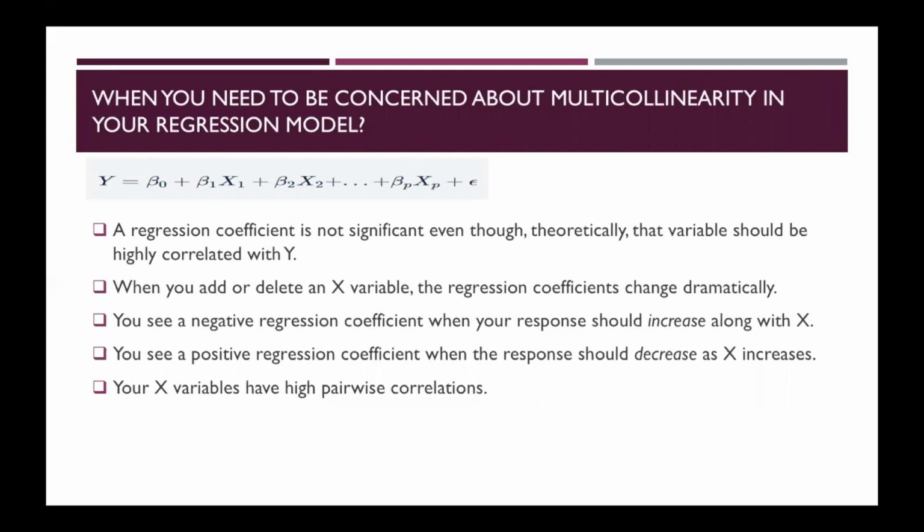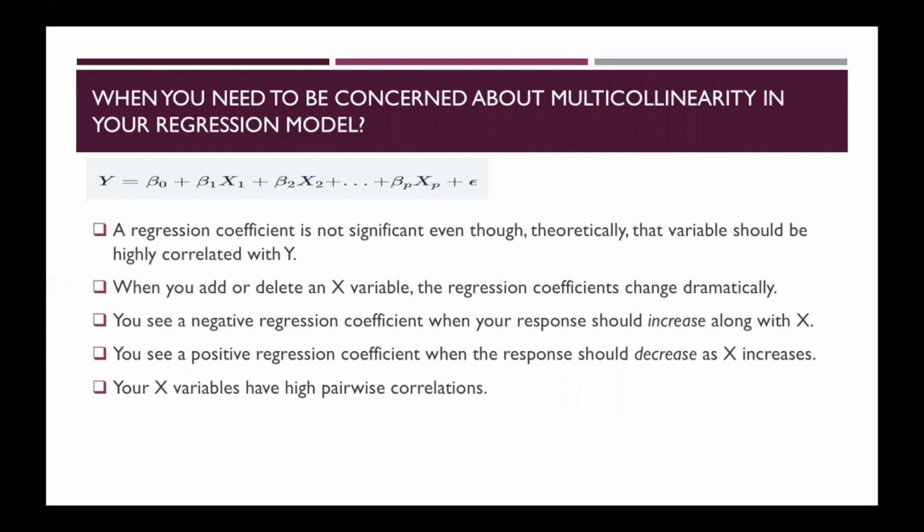What does this mean? We have created a model, and subsequently an equation for the model, given by y is equal to beta 0 plus beta 1 x1 plus beta 2 x2 and so on. Now let us say business tells us that the feature x1 is a very important feature in predicting the value of y.